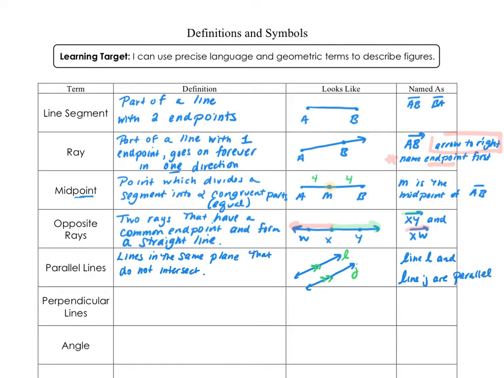Right, there's a symbol for parallel, which is a pair of, looks like absolute value. So we could write this as L parallel to J. That would be line L parallel to line J.